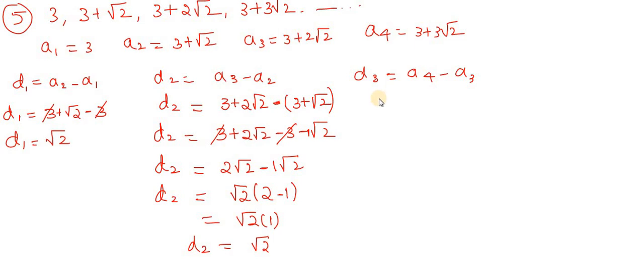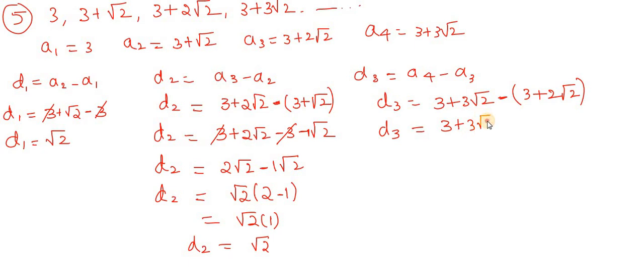Okay, next d3. So d3 is equal to a4, that is 3 plus 3 root 2, minus a3. a3 is 3 plus 2 root 2. So now d3 is equal to 3 plus 3 root 2 minus 3 minus 2 root 2.